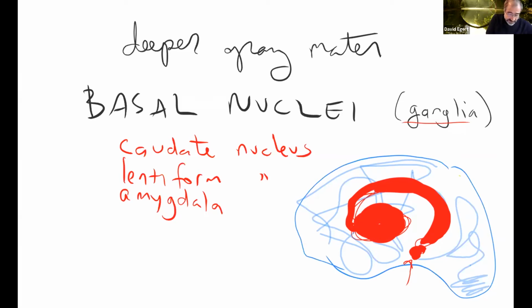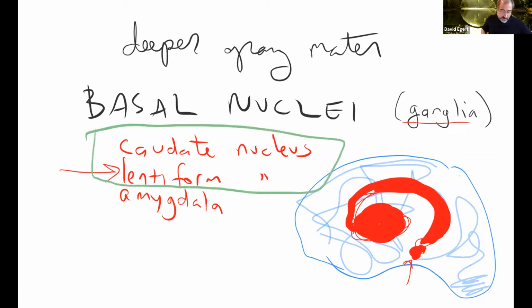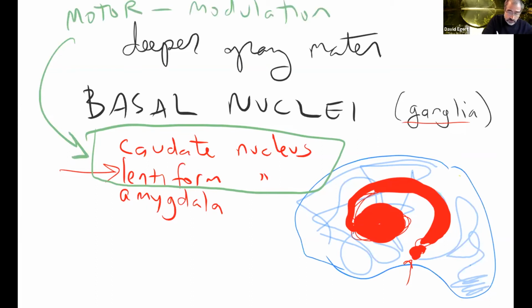And the lentiform is also made up of subparts like the putamen and the globus pallidus. For our class, you don't need to know all that. Let's talk a bit about what some of these are doing. So like the caudate and the lentiform, these are important for motor control, but they're more for modulation of motor control.